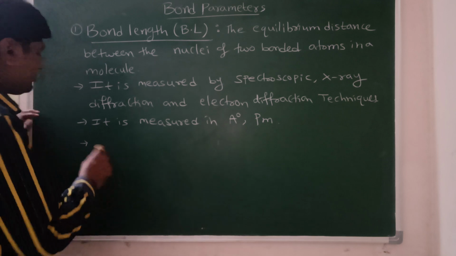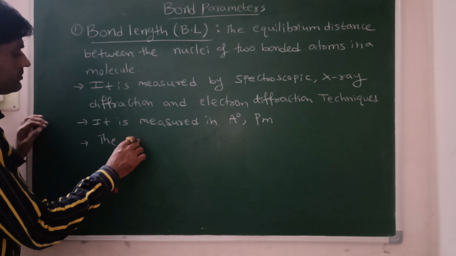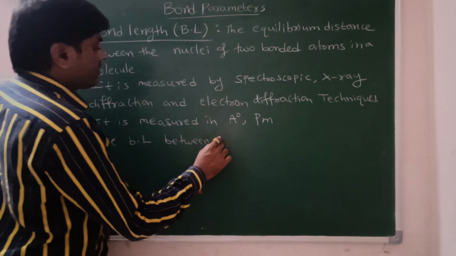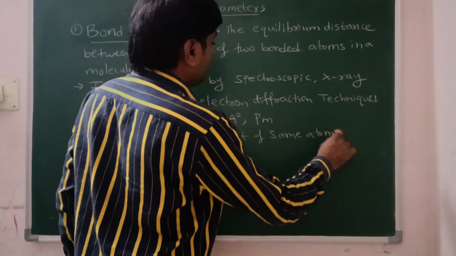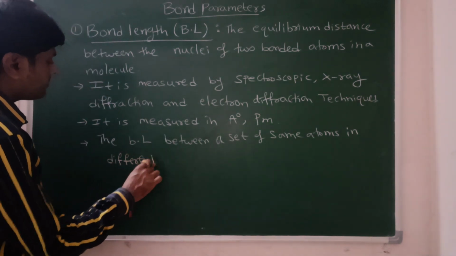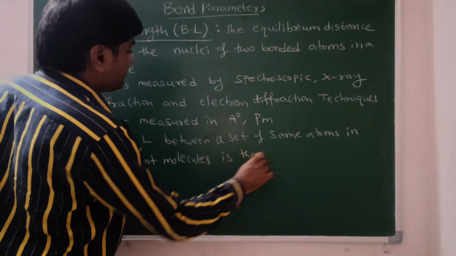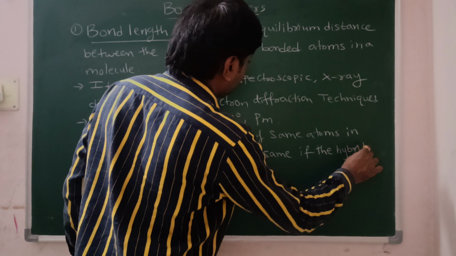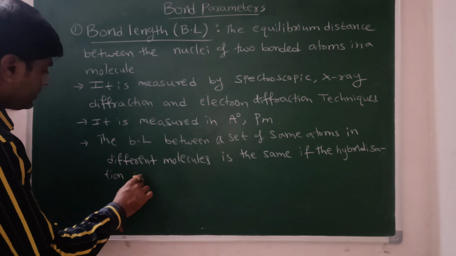So I am writing the first statement here: the bond length between a set of same atoms in different molecules is the same if the hybridization is the same.